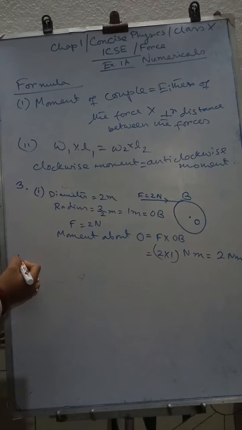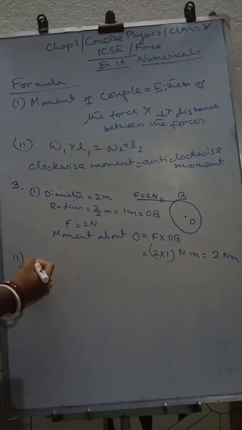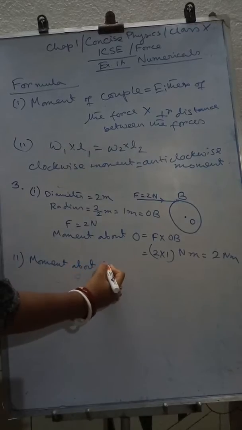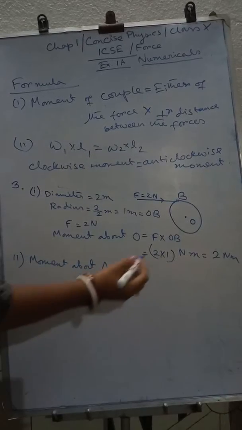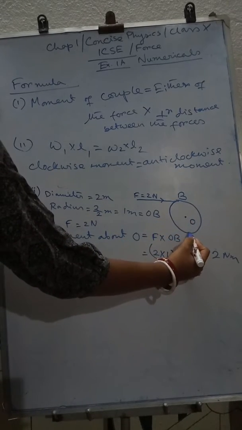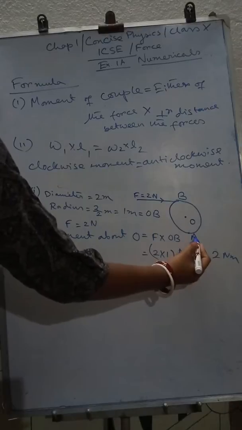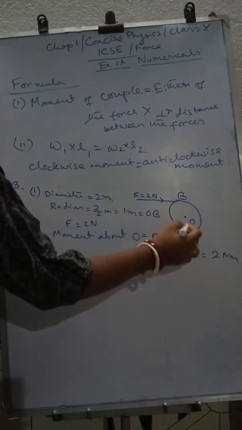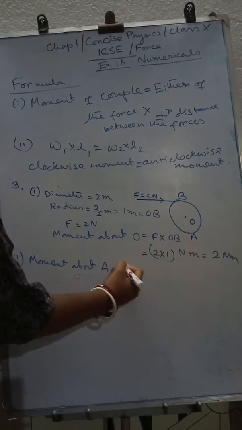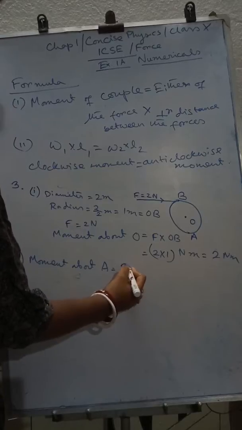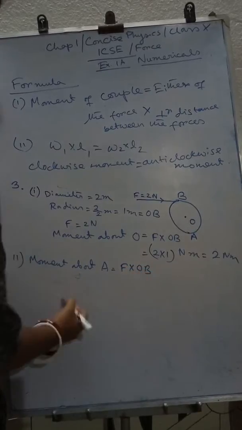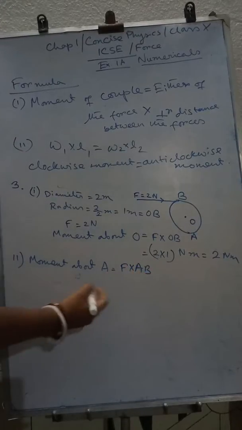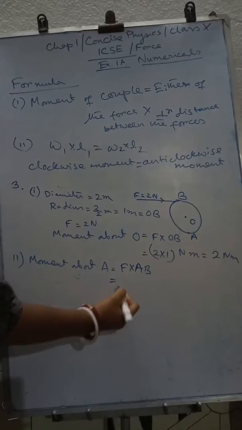Now let us come to the second part. We have to find the moment about A now. Here is the point A. So for A, the distance will be AB. That is the diameter itself. So we have to find the moment by force multiplied by the distance AB.